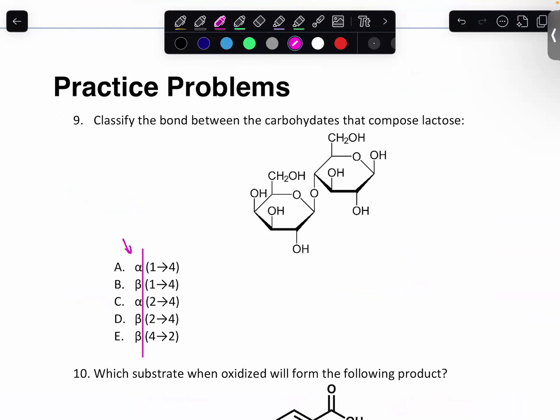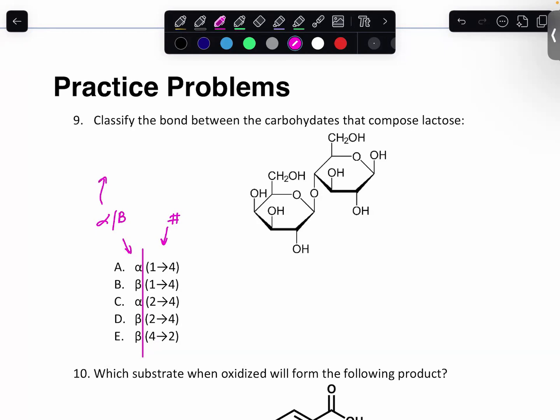We have alpha or beta, and then we have numbering. What does the alpha beta mean? If we were looking at a monomer, what would it mean? The OH on top or bottom. Yes, OH on top or bottom.